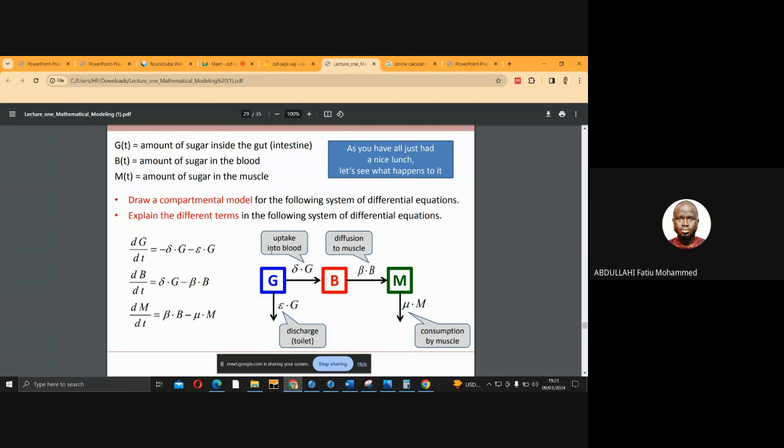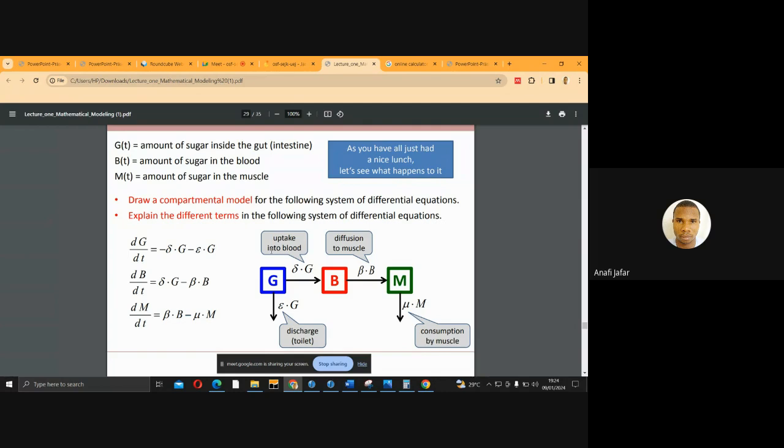It's going from that compartment into another compartment, which is the blood. From the blood, the second compartment, it goes to the third compartment, which is the M. From the M, there's a final one diffusing out of it into a bigger one, which is maybe the muscle, consumption by the muscle.